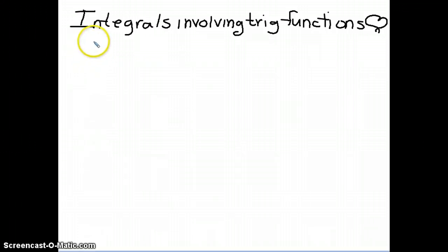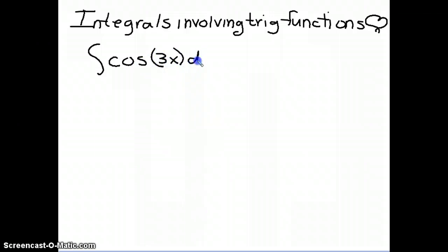So I'm going to start by saying if you have a problem like this, and you see that the integrand is nothing but one trig function, you want to have your note cards out, because if this integrand is just a cosine, we have a note card for that. There's a rule for that.